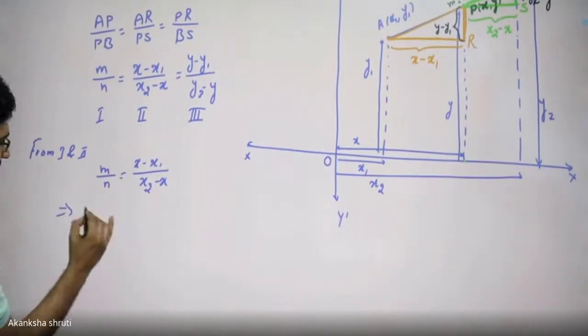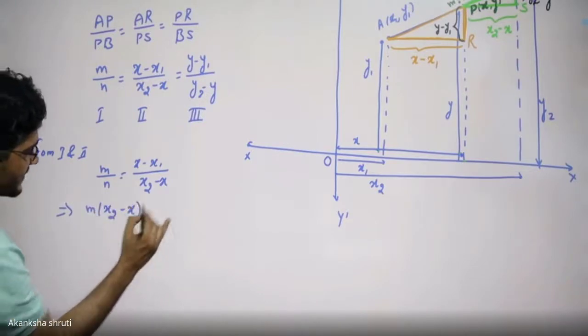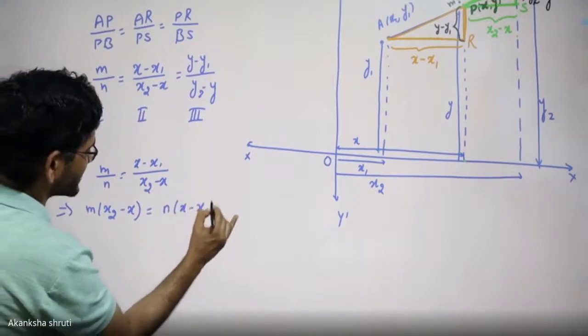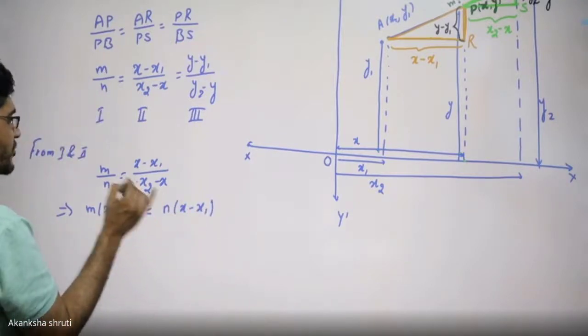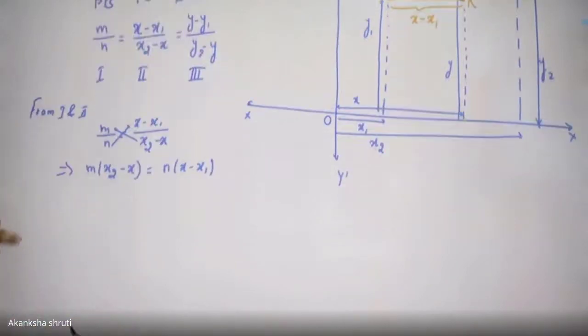Go for their cross multiplication. M times X2 minus X is equal to N times X minus X1. Students, what we have done? We have done the cross multiplication. This is multiplied to this, N is multiplied to this side.